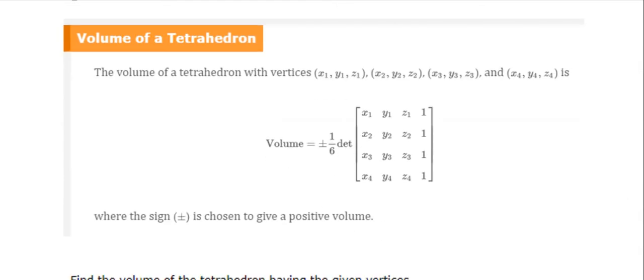So if we have a tetrahedron, we are given 4 vertices of this graph in R3, and we want to be able to find the volume.